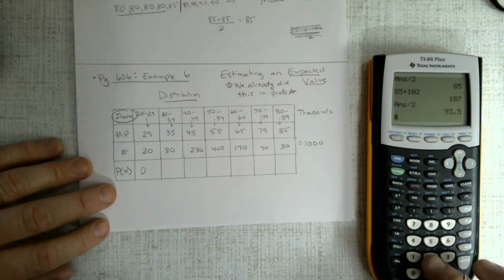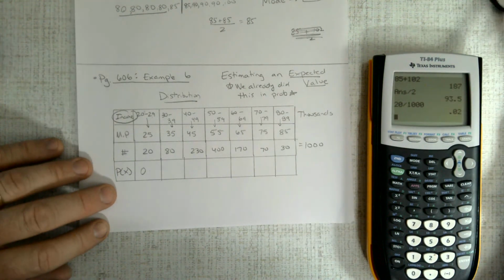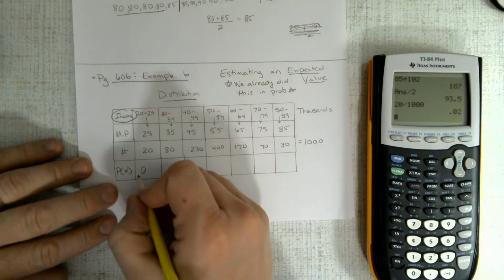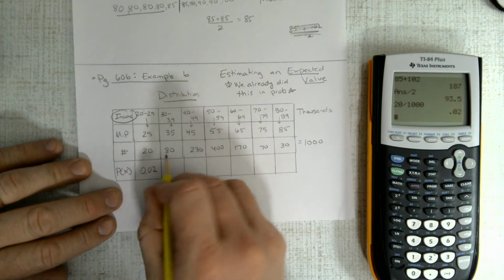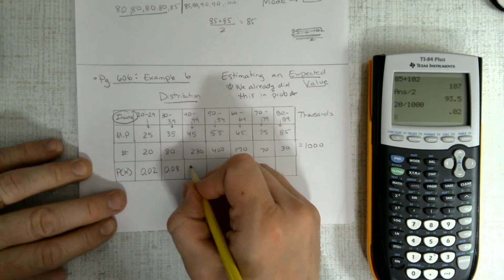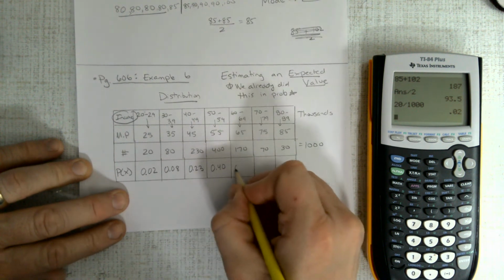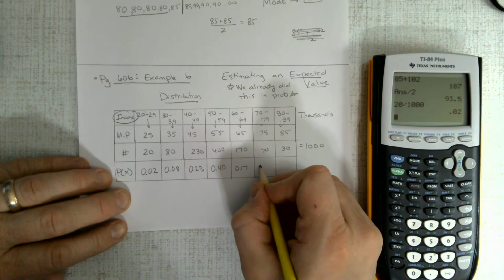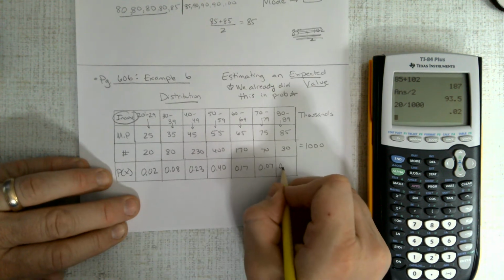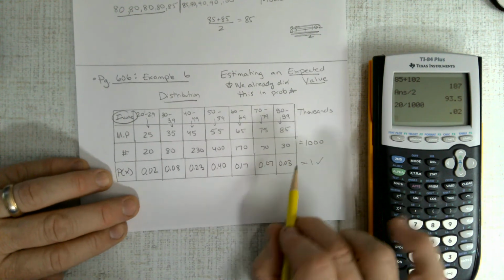Let's do that in the calculator. 20 divided by 1,000, 0.02. 2% of the families made this much. This is 0.08. This is 0.23, 0.40, 0.17, 0.07, 0.03. Check to make sure these equal 1.